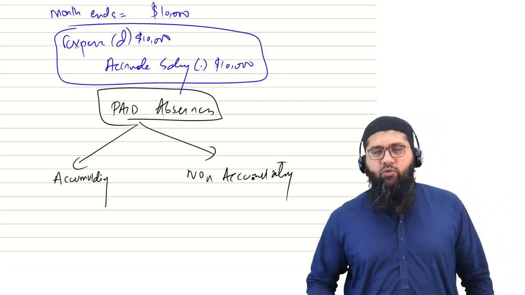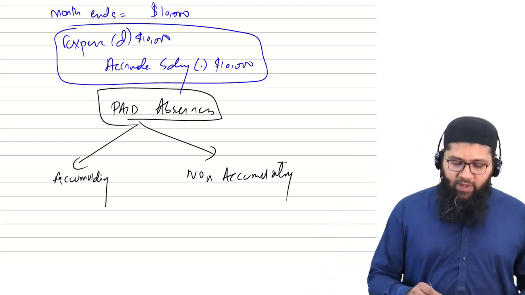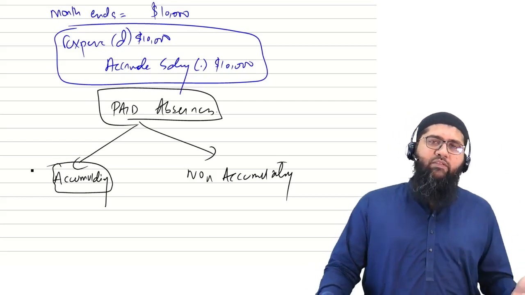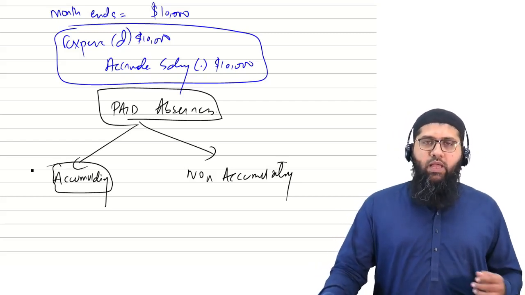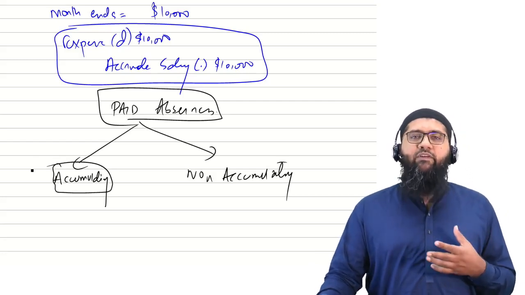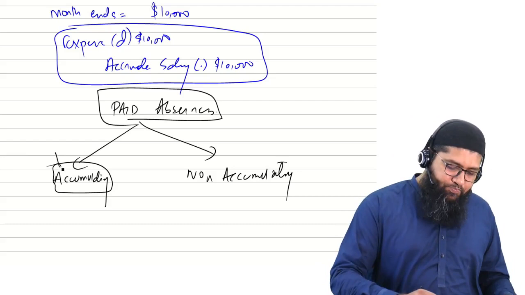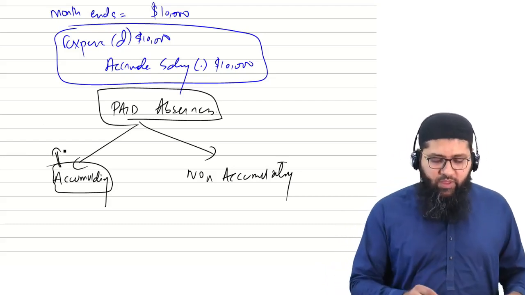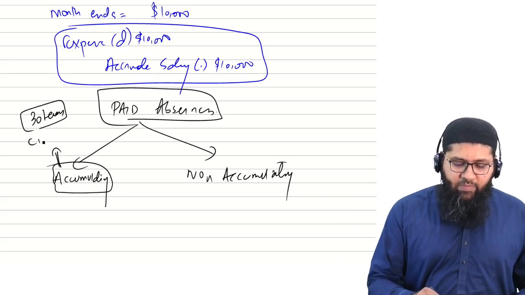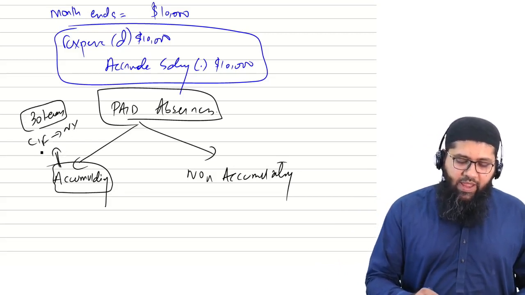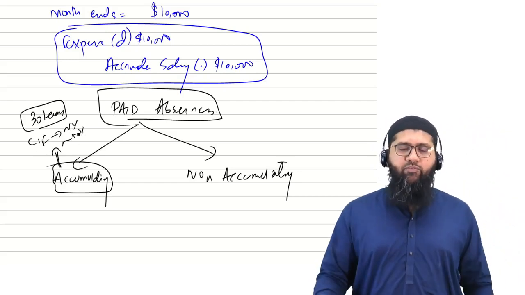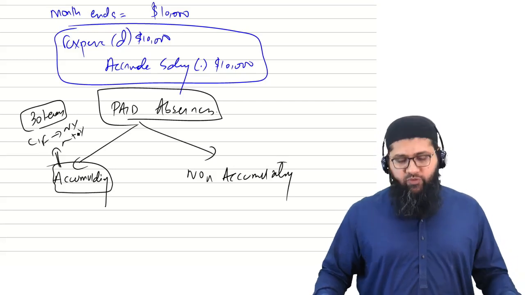You do have an idea that when we award employees absences, they could be accumulating, meaning that you have got 30 leaves which are allowed and these leaves can be carried forward to the next year and then to the next year. That is called accumulating absences.